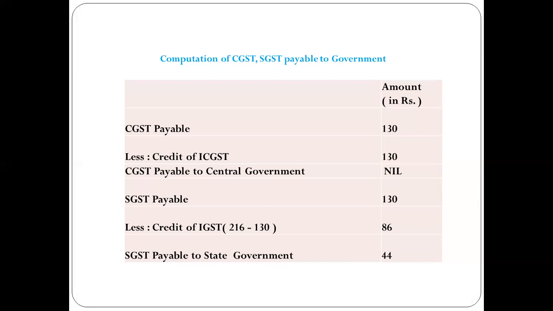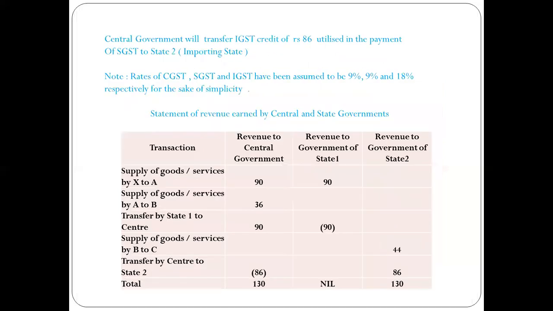Now we come to computation of CGST and SGST payable to government. CGST payable 130 rupees, less credit of IGST 130 rupees, so CGST payable to central government is nil. SGST payable 130 rupees, less credit of IGST 216 minus 130 rupees, that is 86 amount. SGST payable to state government is 44.